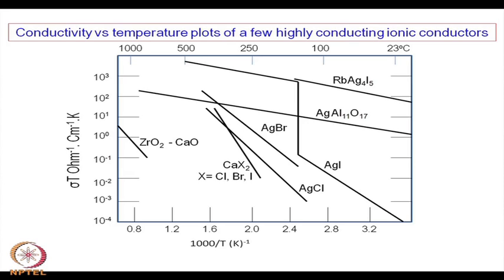But zirconia yttria is one of the almost commercial materials which is extensively used as an oxygen ion conductor in addition to its other properties. Few more oxides also have oxygen ion conductivity, like cerium oxide, thorium oxide. All of them have cubic fluorite structure, and you can have a fairly good amount of oxygen ion conductivity.